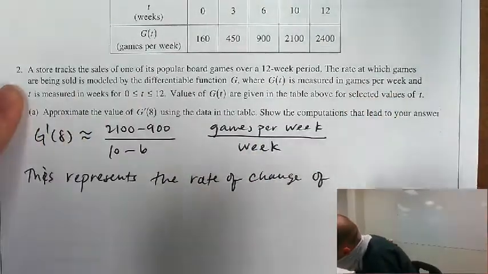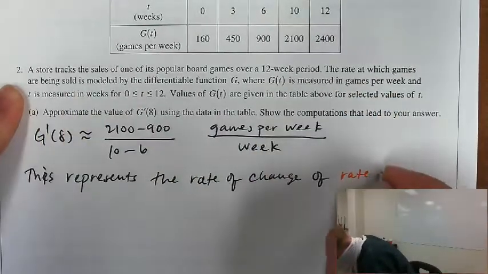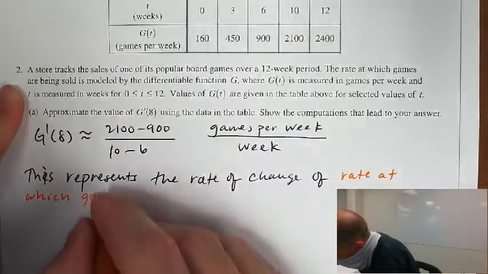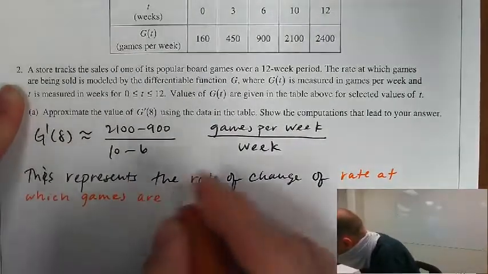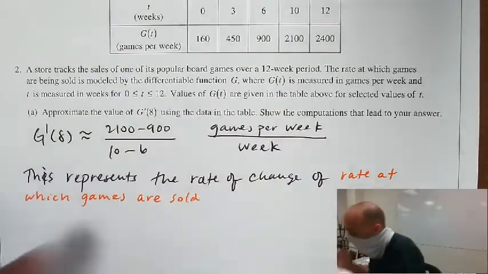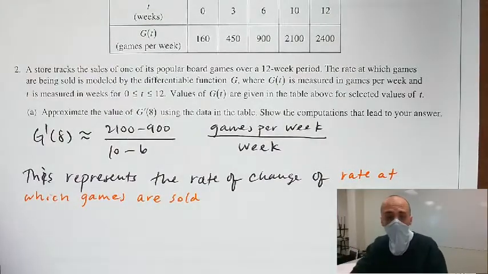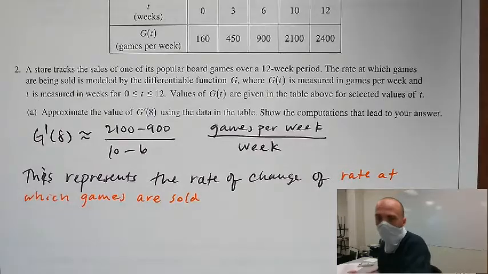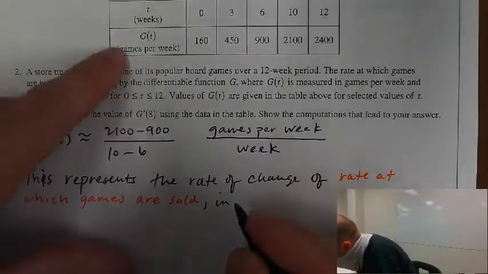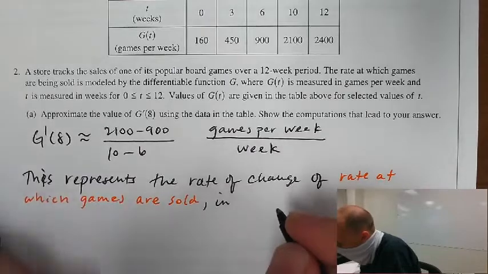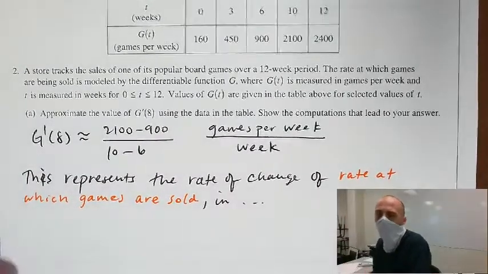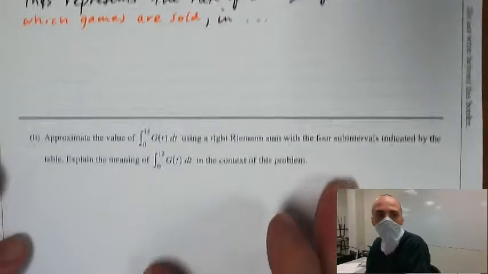Rate at which games are being sold. Veterans of AP statistics will recognize this. It's just using a boilerplate sentence, right? Really takes a lot of the guesswork out of that. The rate at which games are sold, rate of change of rate at which games are sold, whatever. And games per week at time t equals 8 weeks. So, that's not a question they're asking, but if they did, that's how you would do that.